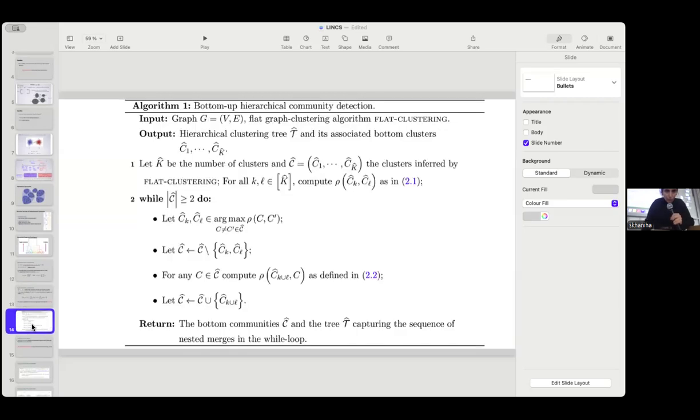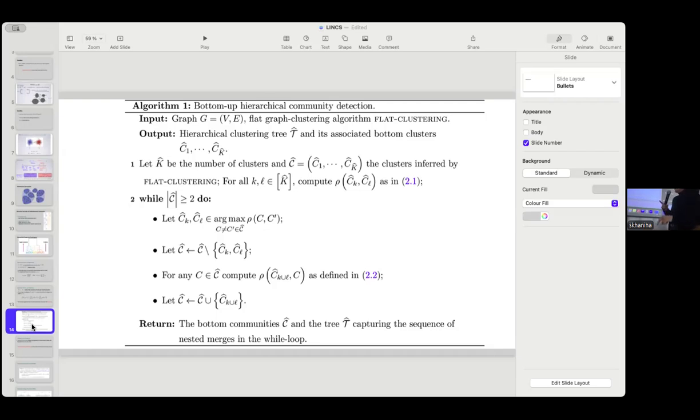Okay, so if we summarize, the algorithm is like this. We have a graph. Usually, people don't start the clustering algorithm from the first steps because of the speed of the algorithm; it is too slow. So first they perform some flat clustering algorithm. They have some primitive communities, C1 hat to CK hat, and then they perform the clustering algorithm from these initial communities.